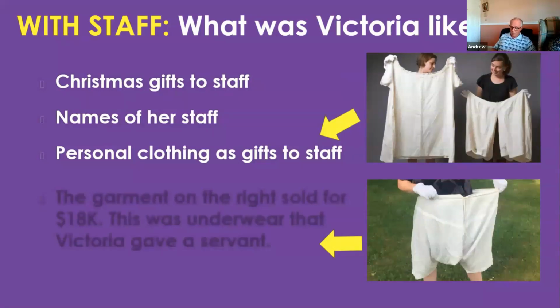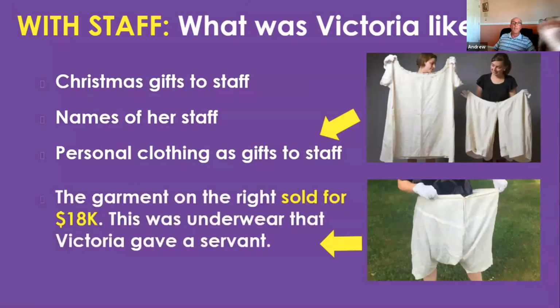And apparently what seems to have happened is that these women kept these undergarments, kept them preserved, so that even today, if you click on the last piece, you can find these undergarments for sale.